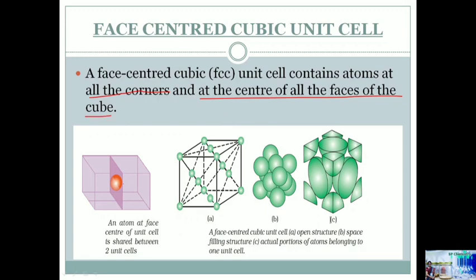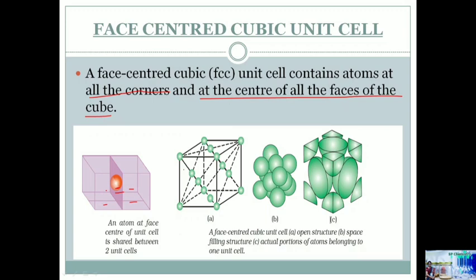Here you can see an atom at a face is shared between how many unit cells? This is one unit cell, this is another unit cell. So since the atom at the face center is shared between 2 unit cells, its contribution per unit cell will be 1 by 2.